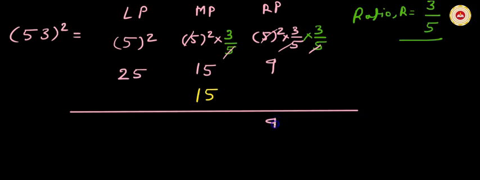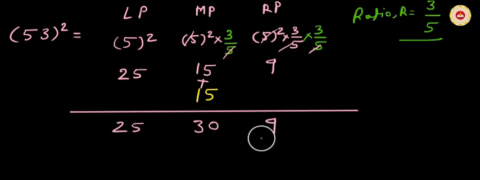Write 9 as it is because there is nothing here to add with this 9. 15 plus 15 is 30 and write 25 as it is because there's nothing here to add with 25. So this is our answer but not the final answer because now we are going to balance it.